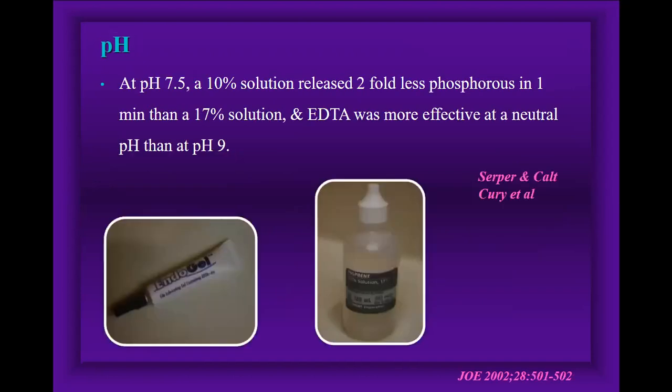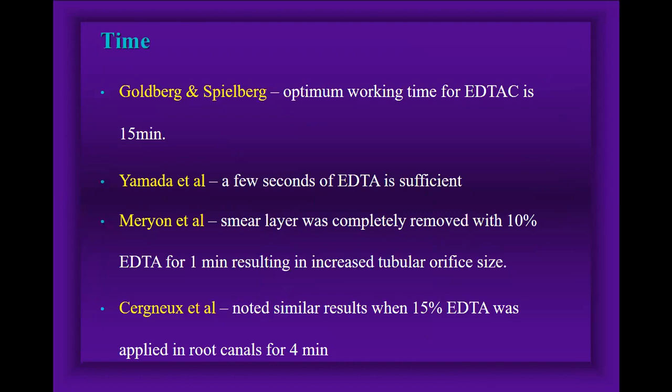At pH 7.5, a 10% solution released twofold less phosphorus in 1 minute than a 17% solution, and EDTA was more effective at a neutral pH than at pH 9. Time: Goldberg and Spielberg showed that optimum working time for EDTA is 15 minutes.